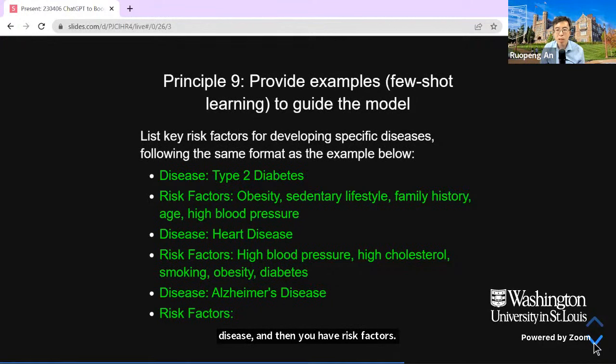But remember, the ChatGPT model is based on the GPT-4 model, which is a causal language model. And the causal language model is trained to predict the next word. So therefore, no matter what ChatGPT is doing, underlying it is just trying to predict the next word. It is trying to complete the sentences or paragraphs. So by providing this few-shot example, you actually guide ChatGPT to answer the risk factors associated with Alzheimer's disease.